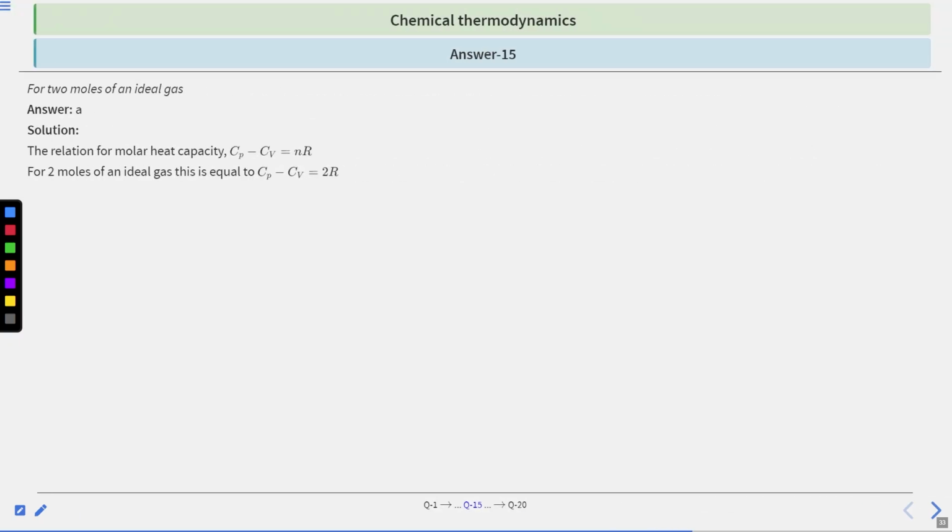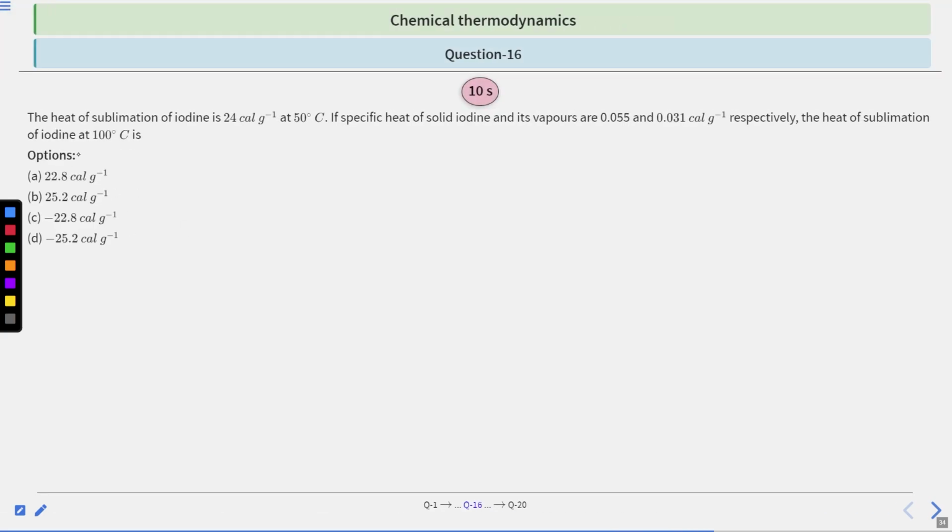Okay, so the correct answer is option A. Since it is given that 2 moles of an ideal gas is used, the relation for the molar heat capacity is Cp minus Cv equals nR. So n will be equal to 2. So for 2 moles of an ideal gas, Cp minus Cv will be equal to 2R. Hence option A is the correct answer.